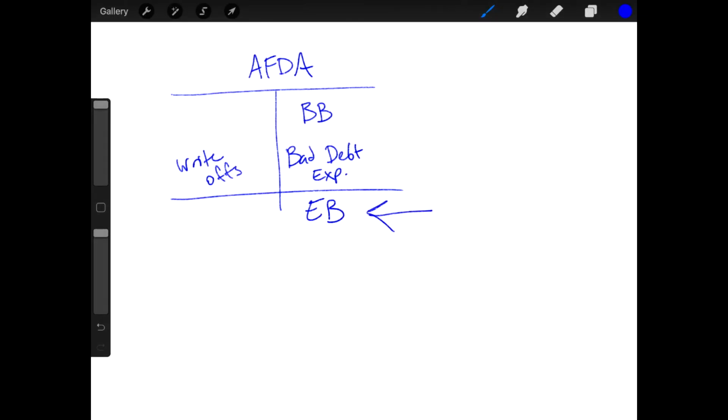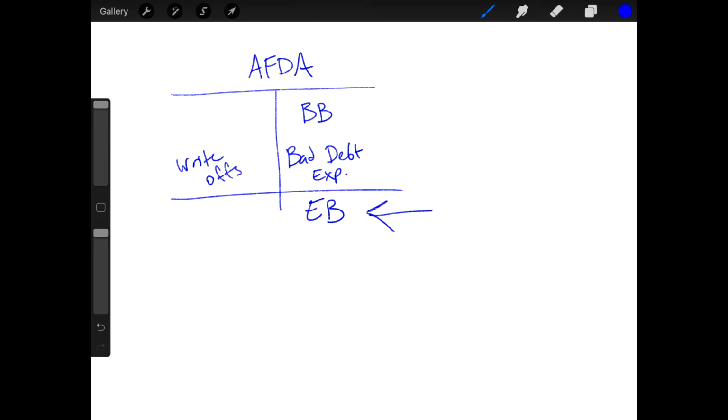And so looking at this ending balance in our AFDA account, we have to ask ourselves, well, what does it really mean? Remind yourself that the AFDA account is a contra account to our accounts receivable, which means that it's going to reduce our AR. The whole purpose of it reducing our AR is to show the net realizable value, which is essentially the amount that we're actually expecting to receive from our accounts receivable.